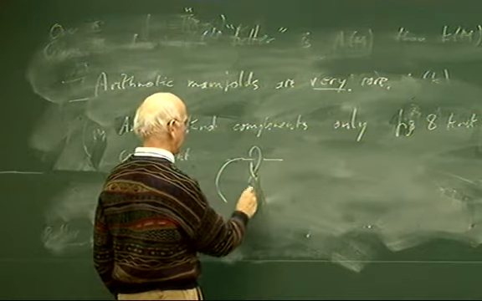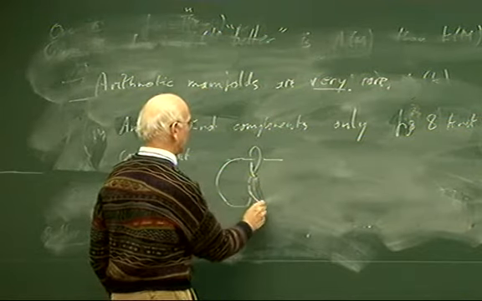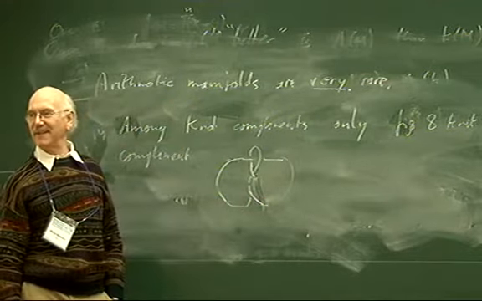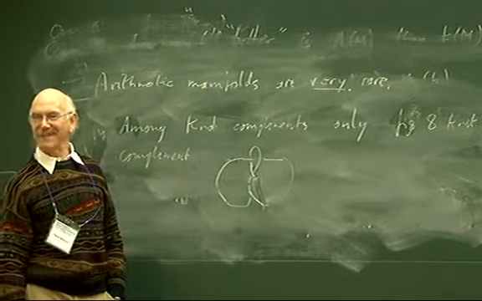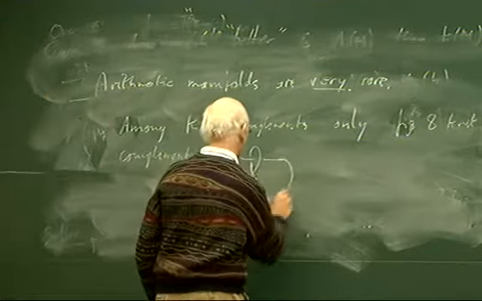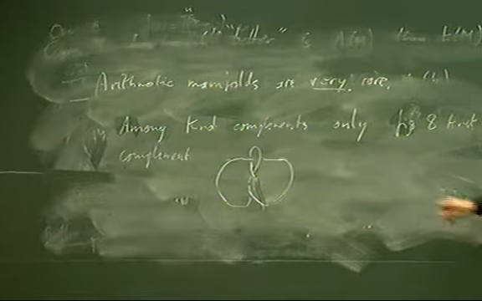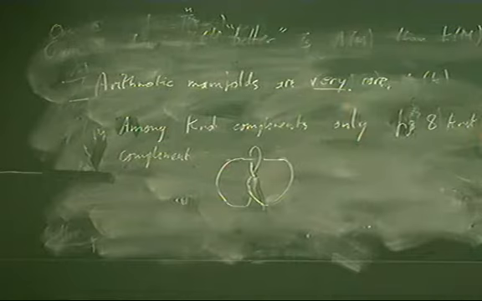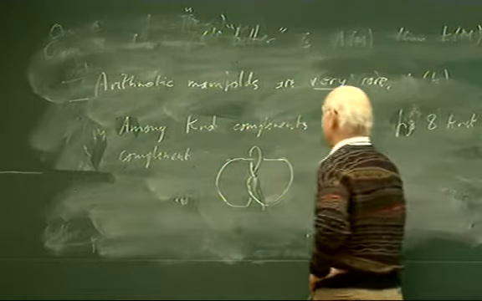Do I have to do another crossing here? I think so. Is that right? Good, thank you. There's the figure 8 knot. Craig Hodgson already drew it, so maybe I didn't need to. But anyway, I just wanted to show I could.